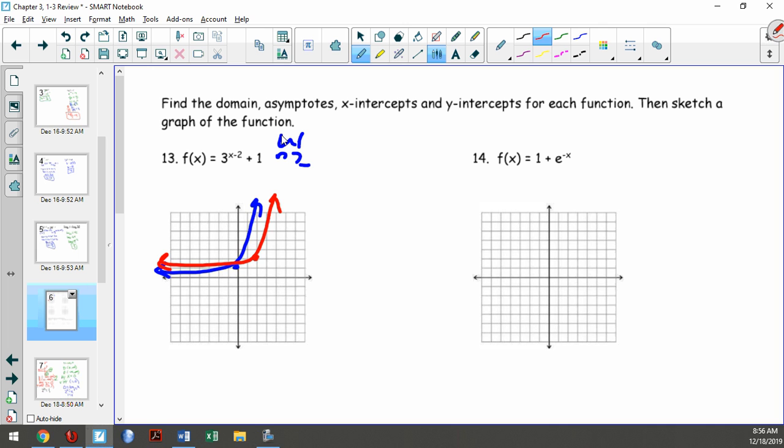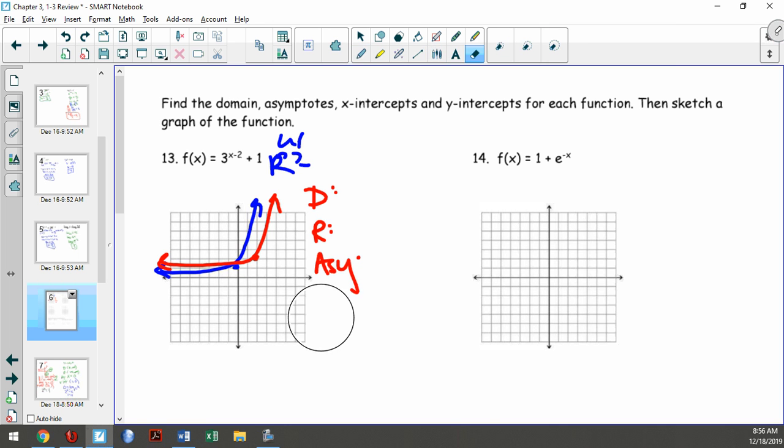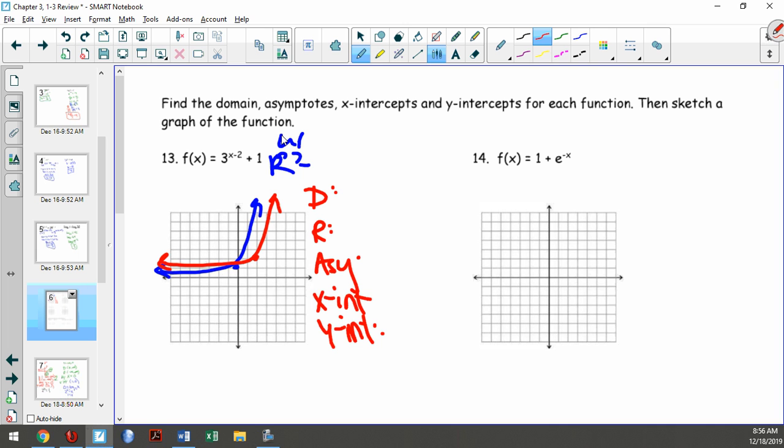So what that means is my domain, my range, my asymptote, and my intercept. And actually, I'm going to put down both intercepts so that you understand. I have an x-intercept and I have a y-intercept. What's the domain of this red graph up there?